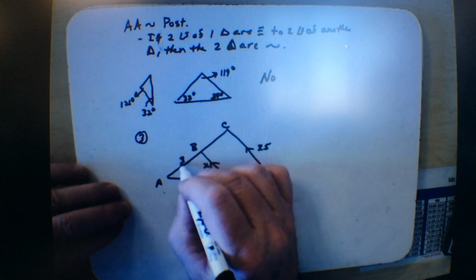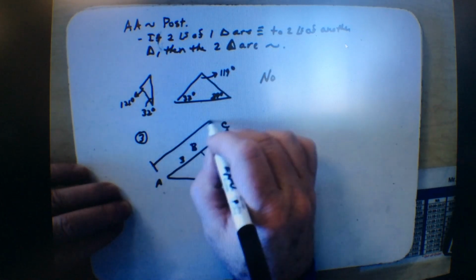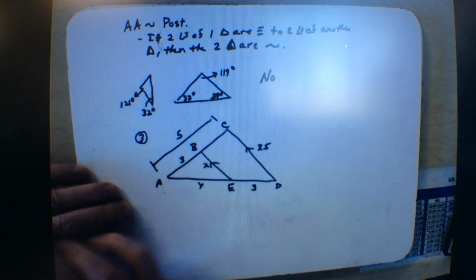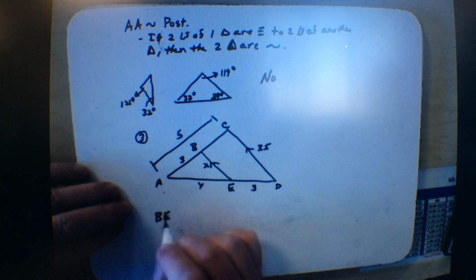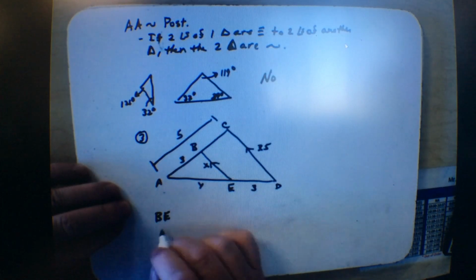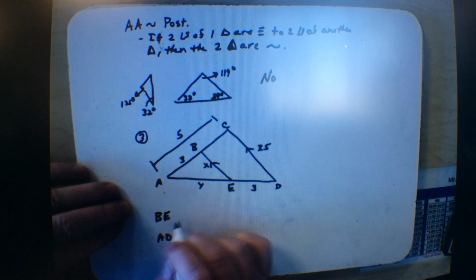We know that this is 3, and the whole thing here is 5. So the question asks, find BE and find AD.